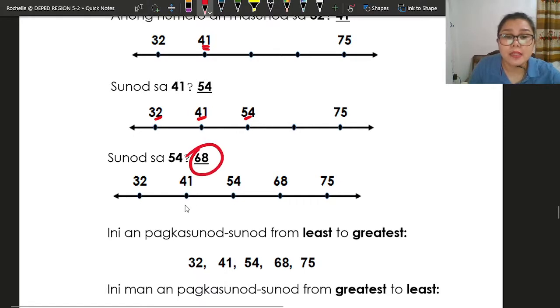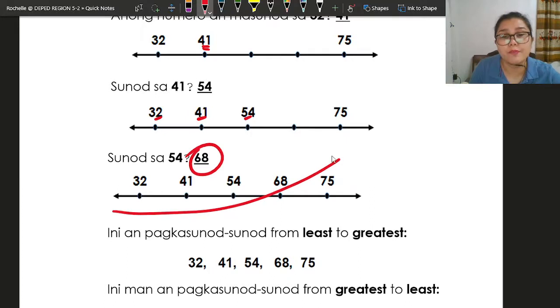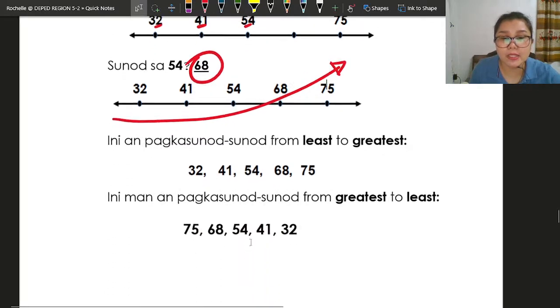Yan, 68 to complete the order. So, this one, 32, 41, 54, 68, 75, it's going up. So, it's increasing. It follows from least to greatest. So, yan ang ibig sabihin.